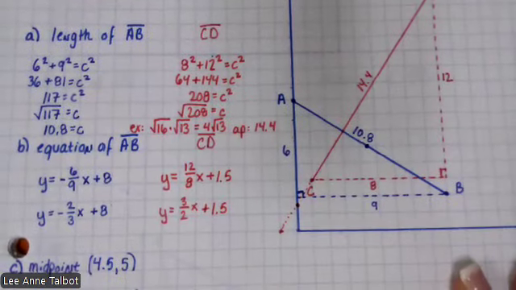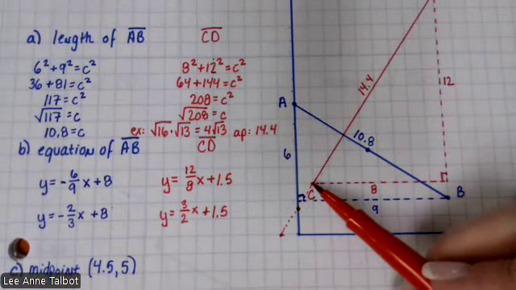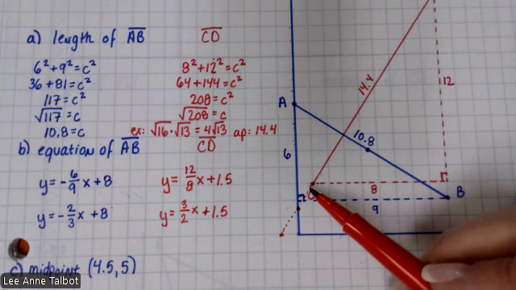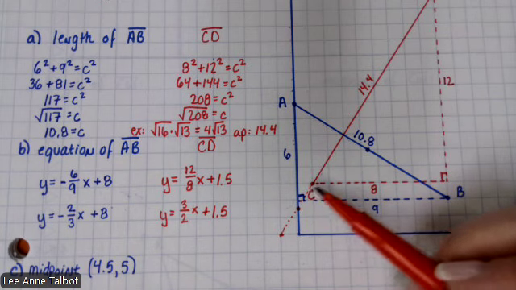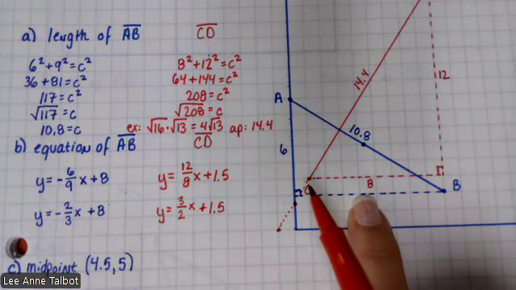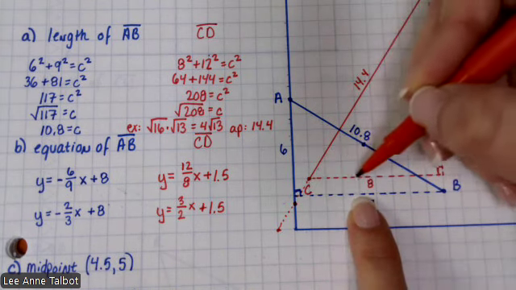Okay, now to find the midpoint of the red segment, if I start at C, how many boxes are halfway over? The base of the triangle is 8. How many boxes are halfway? 4. 1, 2, 3, 4.